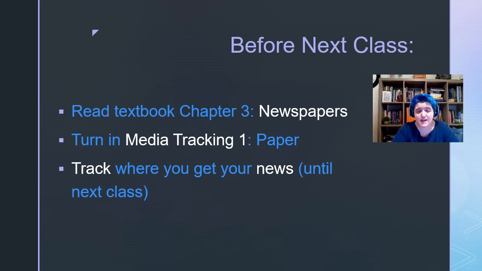Turn in Media Tracking 1 about paper, which is your data visualization and the key, so that I can make it be information, not just data, about paper. Again, you can take a photo of what you draw with your phone, or a scanner app on your phone. Something like that is totally fine.